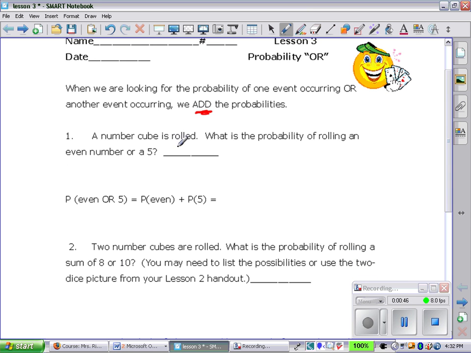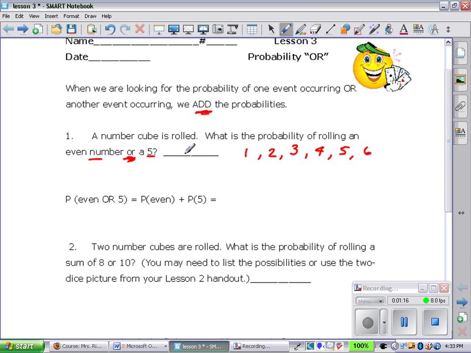A number cube is rolled, or a dice, whatever you want to call them. What is the probability of rolling an even number or, keyword, or a 5? Common sense, let's go with that version first. If I roll a number cube, my options are 1, 2, 3, 4, 5, and 6. Out of all those numbers, what are the even numbers and 5?